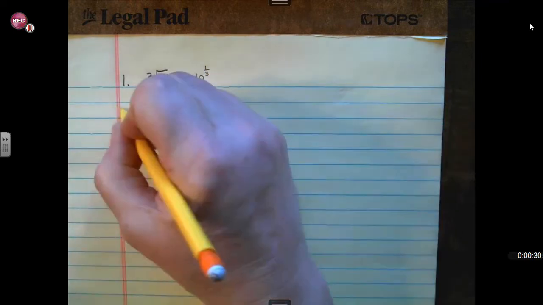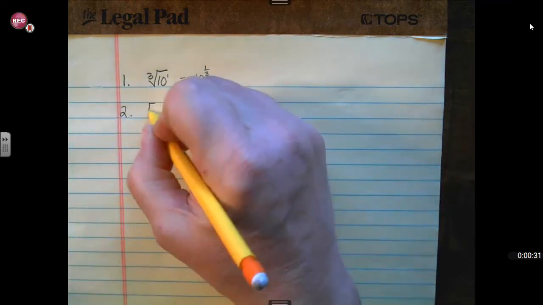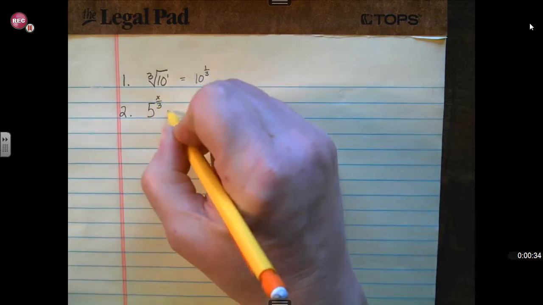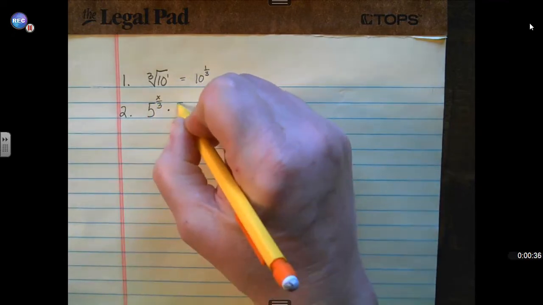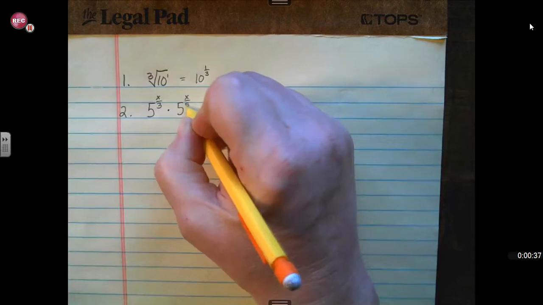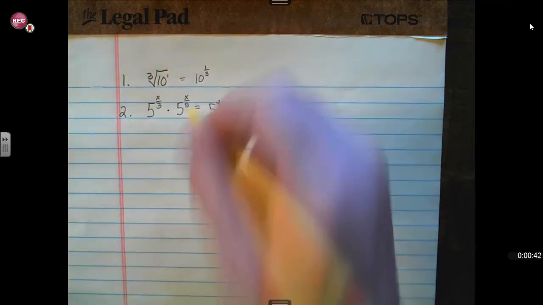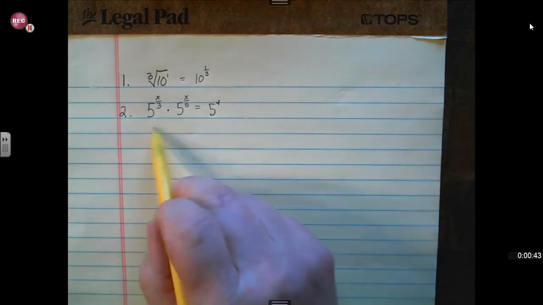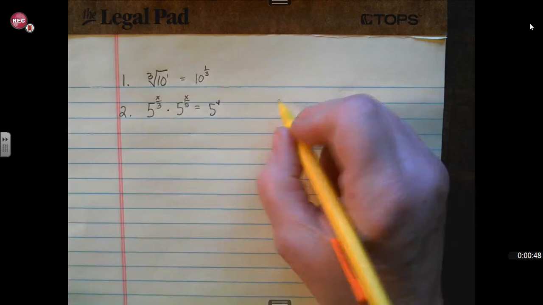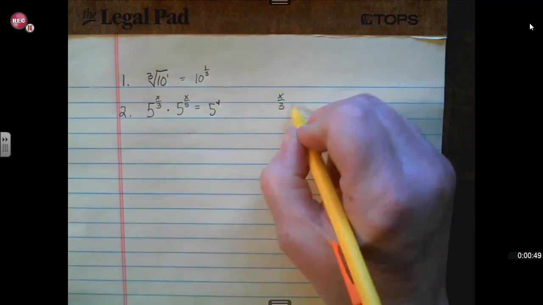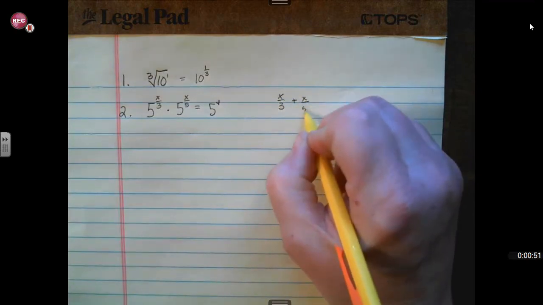Number 2, we have 5 to the x over 3 times 5 to the x over 5 equals 5 to the 4th. First thing we have to do is combine these, and the way we do that is by adding the exponents. So I need to take x over 3 plus x over 5.